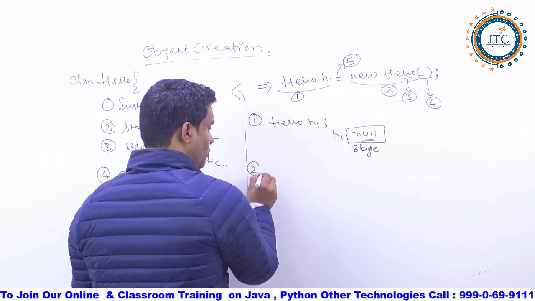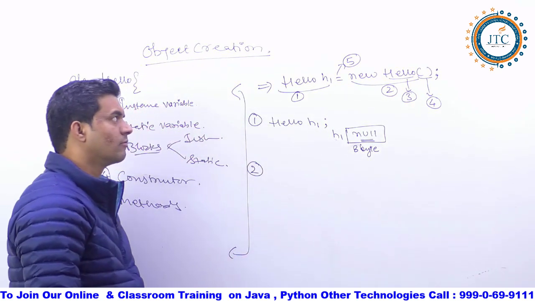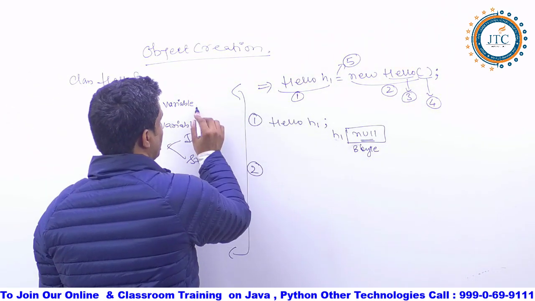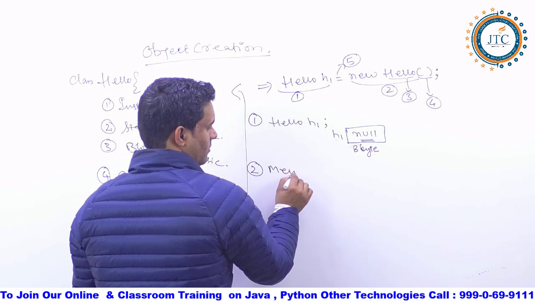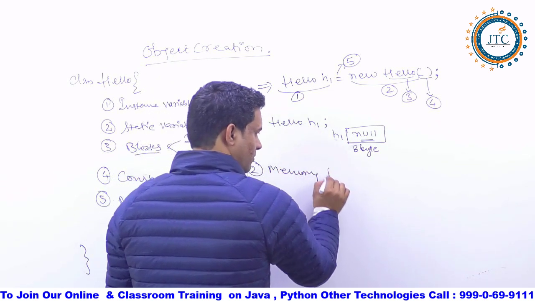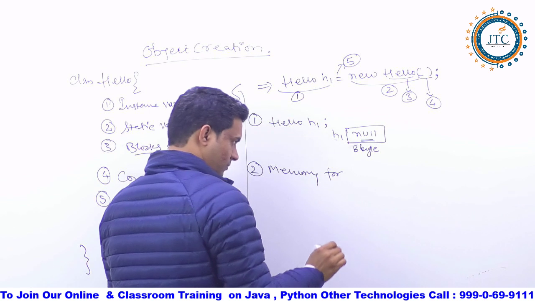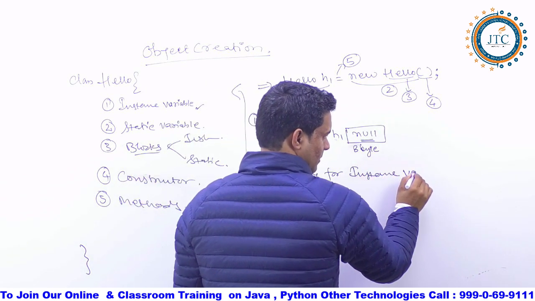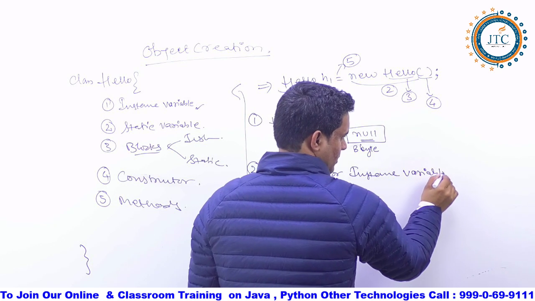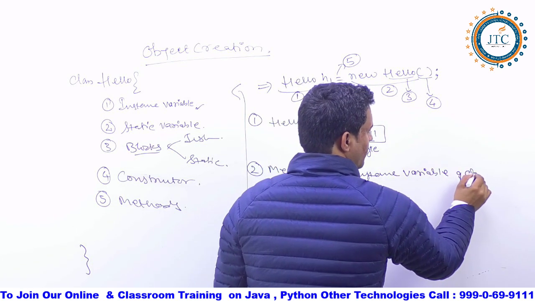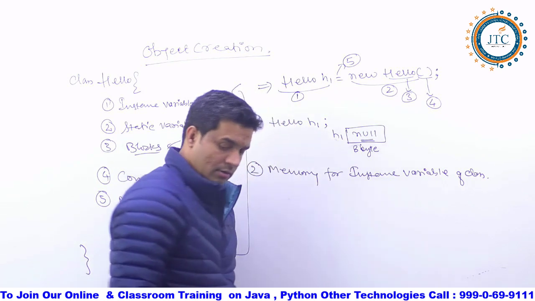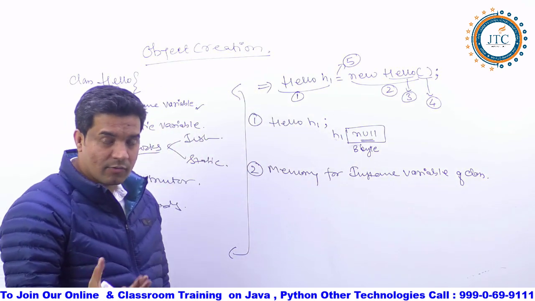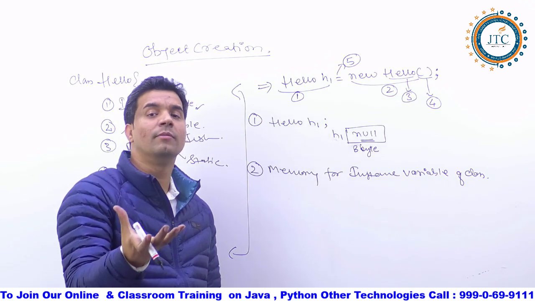Now the second important point: it allocates memory for the instance variables of class C. By including everything, your JVM memory management will come into the picture.